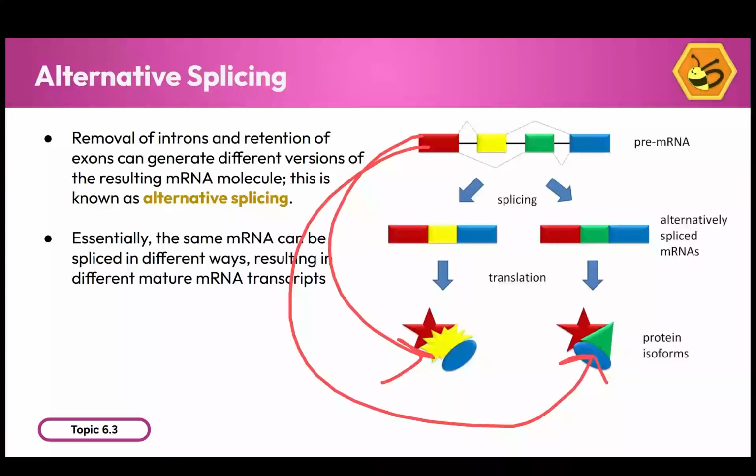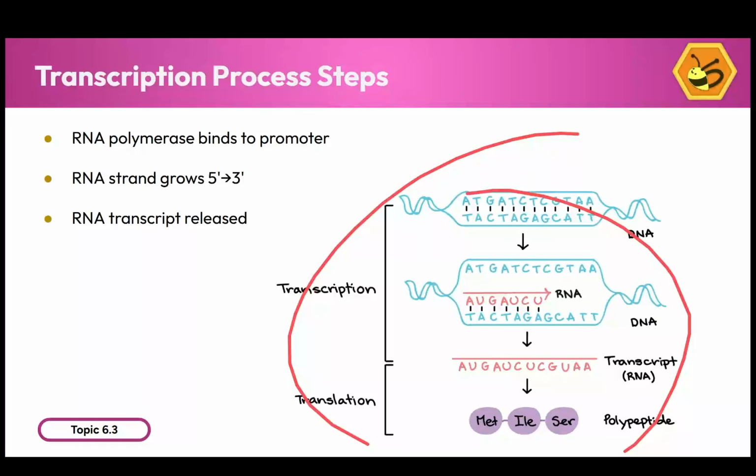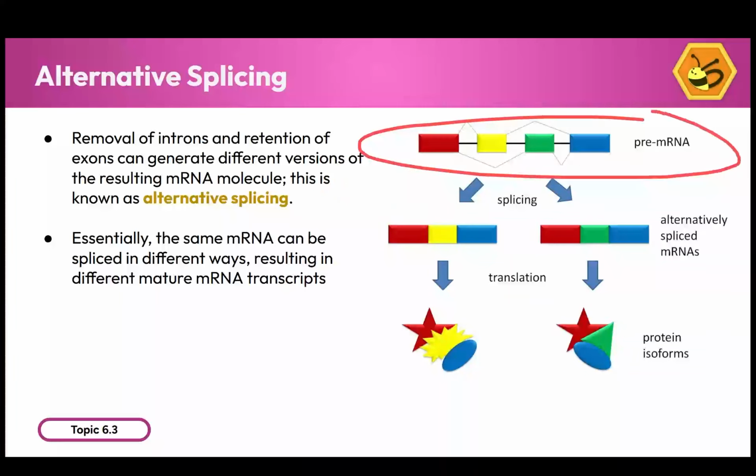No. This slide right here is how mRNA gets made using RNA polymerase. This slide is a different concept known as alternative splicing, which states that a single pre-mRNA molecule can form multiple different proteins. By pre-mRNA, I mean before the splicing is done.